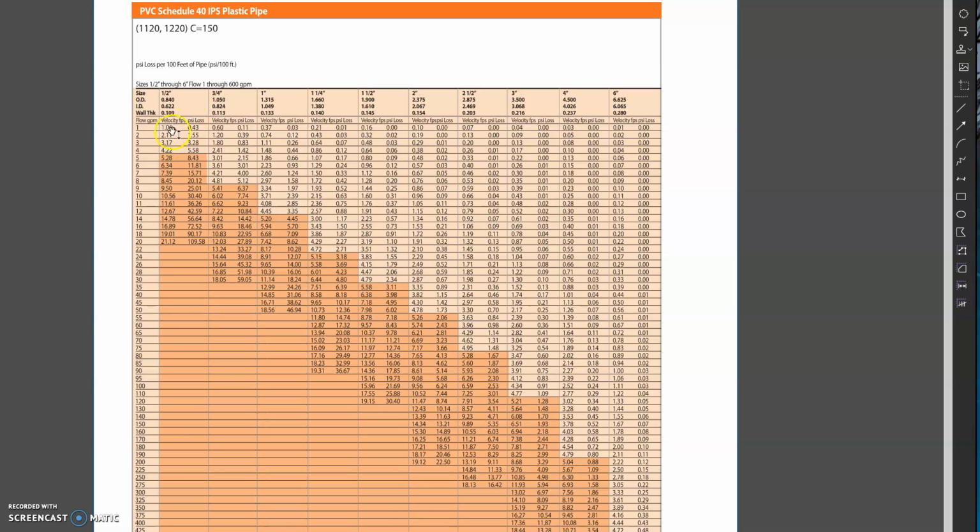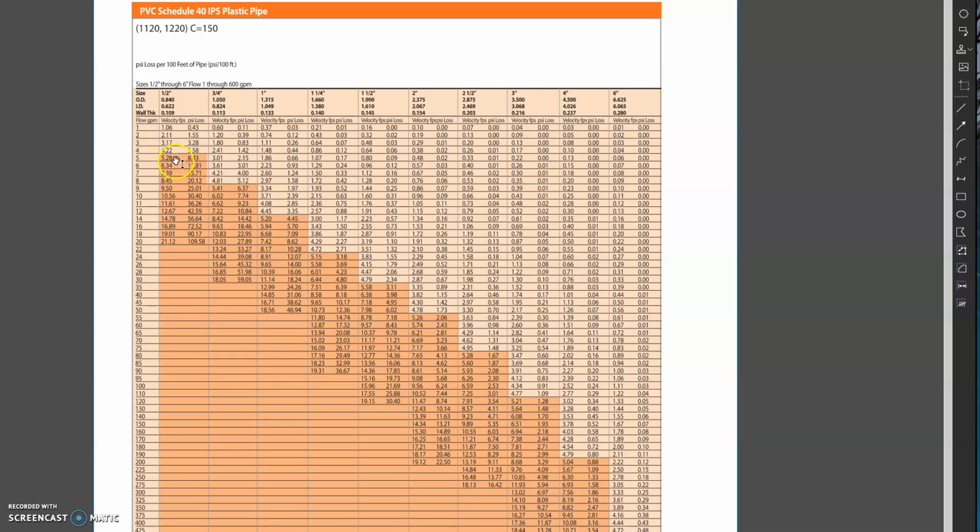This chart actually covers two items. It covers velocity and pressure loss. In this video, we're just going to focus on velocity. As you saw in the PowerPoint presentation, which is a PDF in Canvas, for plastic pipe we do not want to exceed 5 feet per second.